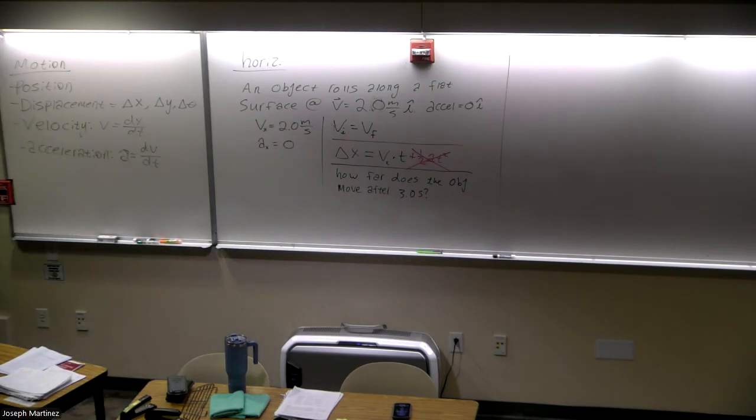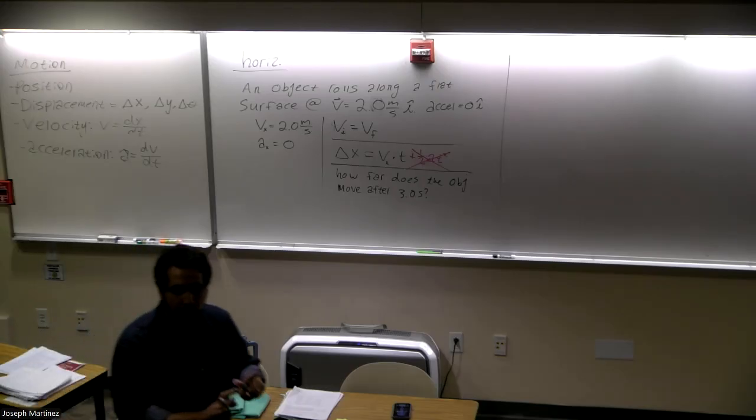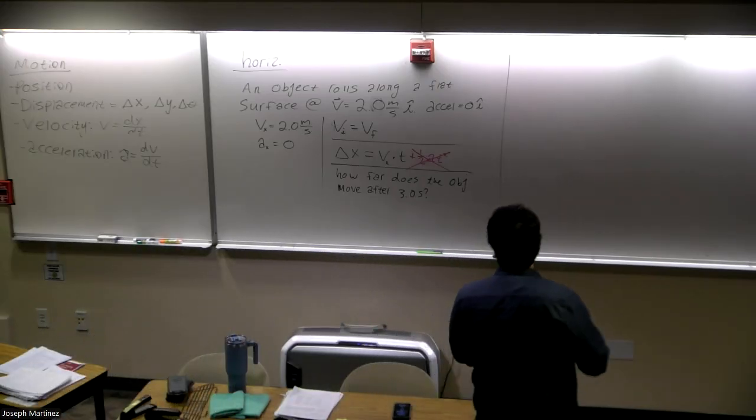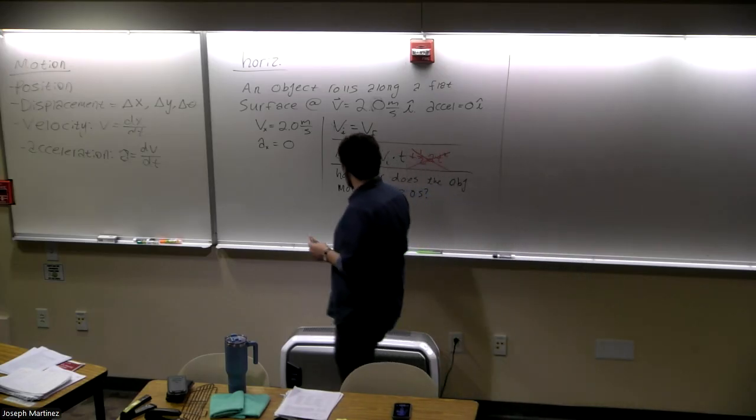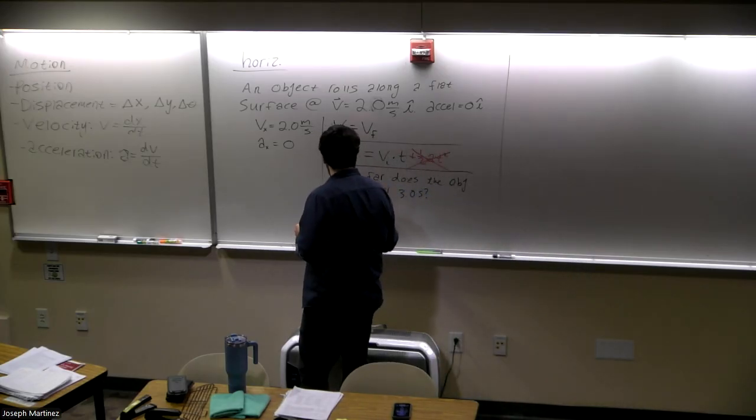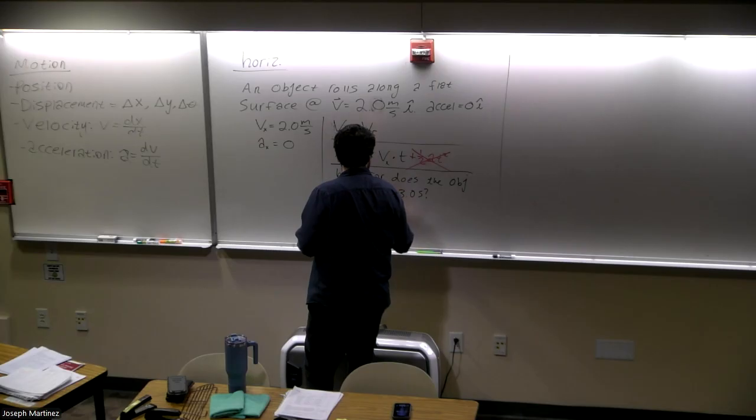Well, this isn't so bad. We've done this. We take our velocity and multiply it by time. 3 times 2 gives you what? 6 meters. So our change in position, our displacement here, is 6 meters.